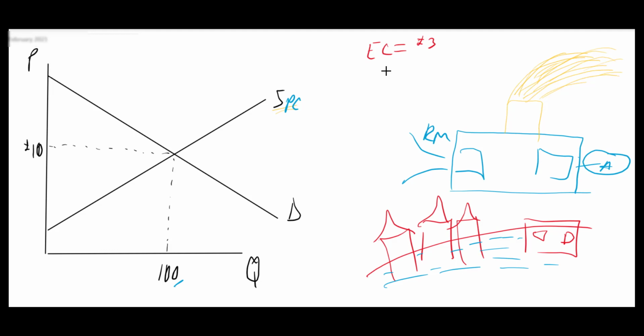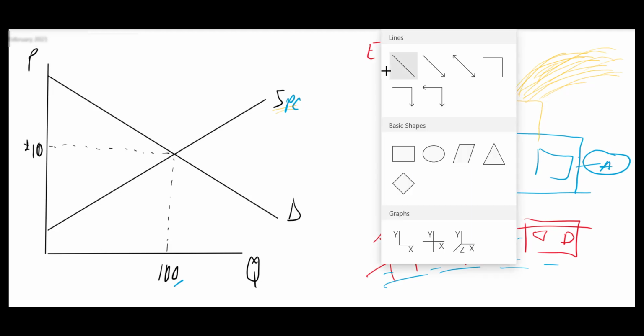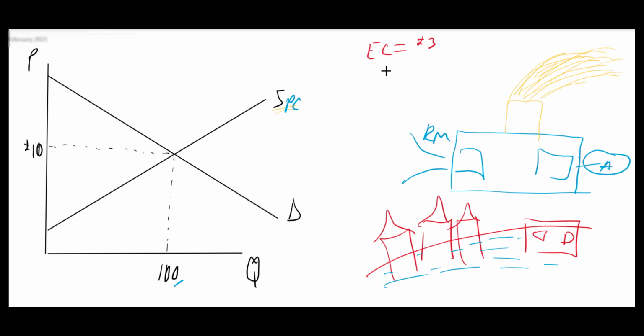So we will be creating a new supply line. It's like a shift of the existing private supply line upwards, or to the left. We will be adding that 3 pounds to the existing supply and creating this new supply line, and let's call it PC plus EC.